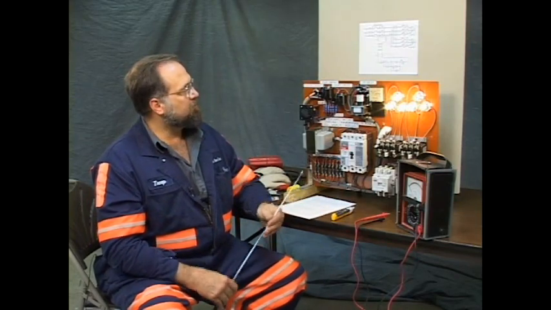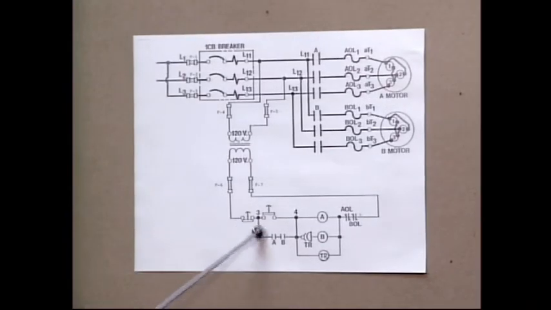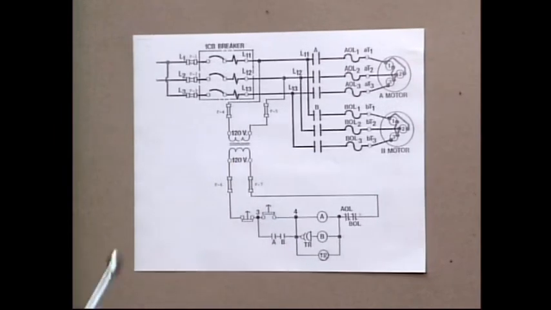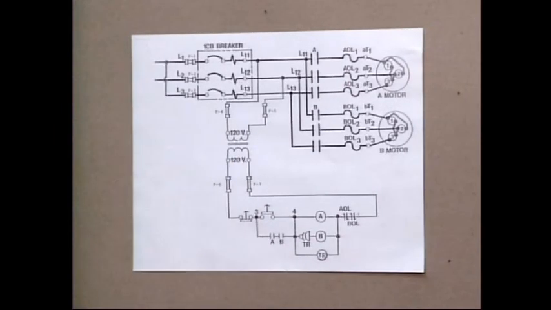And by closing, they provide a parallel path around the start switch. The start switch reverts to its normally open state, and the current is then directed through the auxiliaries to provide a holding circuit. That allows you to not hold the start button.